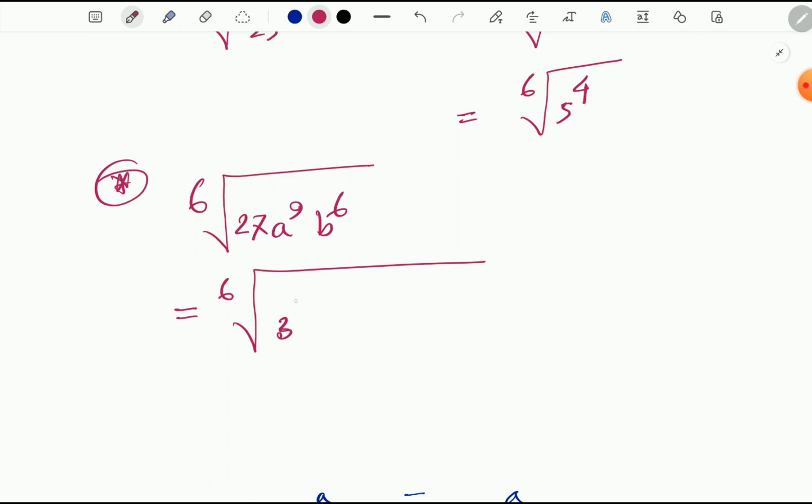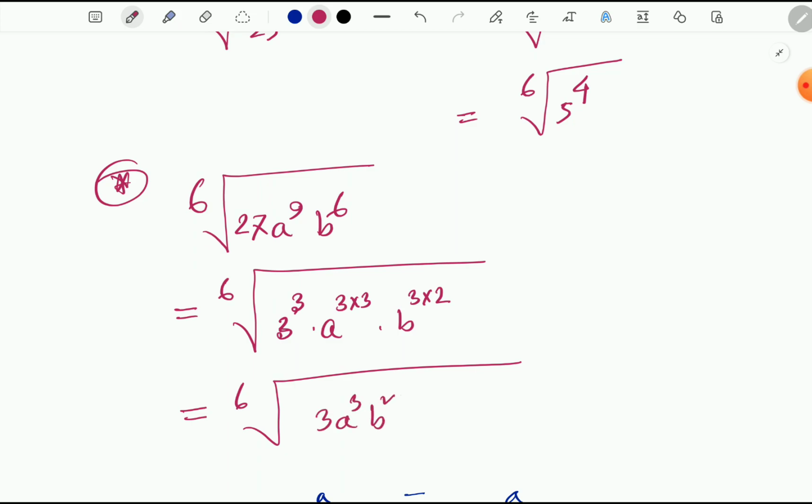A we can write 3 power 3, B we can write 3 power 3 multiply 2. I'm sorry. So we can write 6 3 a cube b a square whole power cube, right? It's possible.